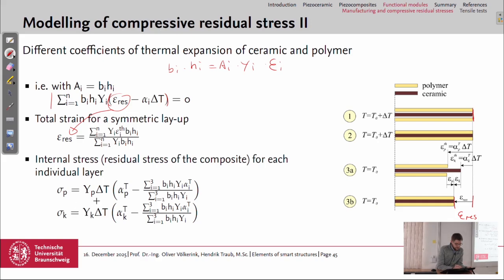And with the different Young's modulus of the polymer and the ceramic, we can then use this residual strain across the different layers to calculate the pre-stress, the residual stress in the polymer and also in the ceramic.